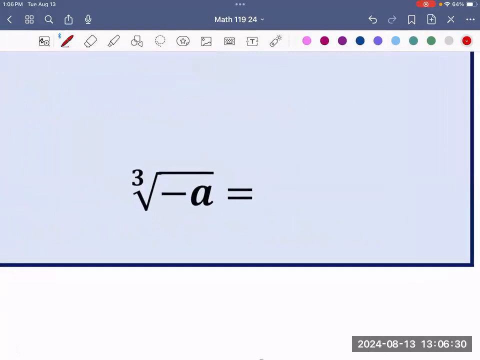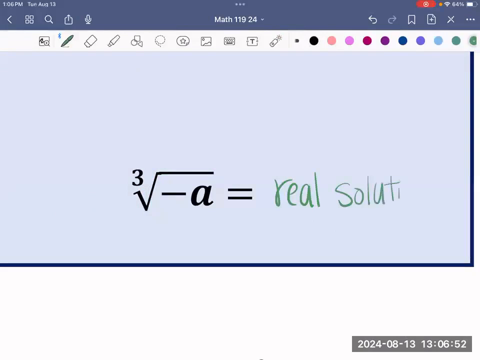But this one, right, is 3 an even number? No, it's odd. So if we have a value that has an odd nth root, then we are able to have a real number. So real solution available.